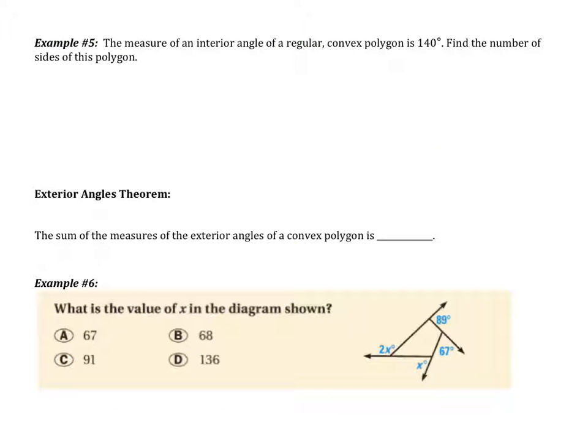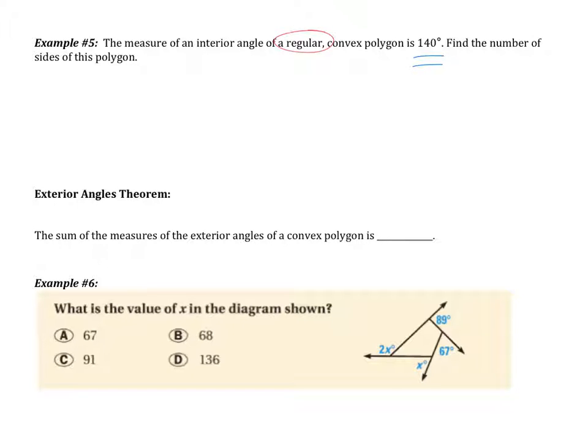Instead of finding the sum, they give you the measure of one of the angles. Okay? So, in a polygon, one of the angles is 140. Now, there's a couple of key parts to this. Number 1 is that it is regular. What does regular mean again?